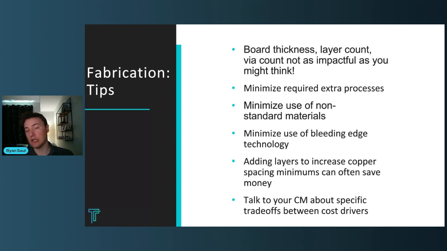It's also often a good idea to add layers in order to reduce extreme copper weight. What I mean by that is, if you have a design that requires a tremendous amount of current or thermal energy to go through it, and you've got these chunky 4-ounce copper layers, maybe don't do that.